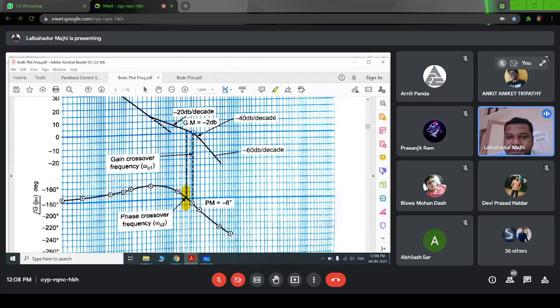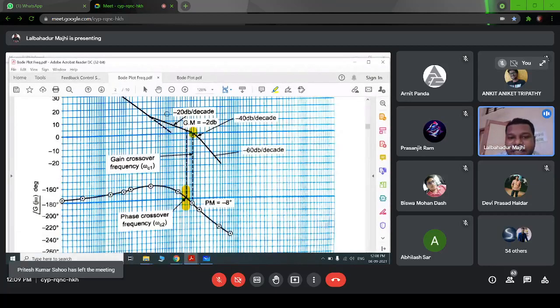Similarly, the gain crossover frequency is where the magnitude plot intersects the 0 dB axis. Here the phase crossover frequency is less than the gain crossover frequency, which means our system will be unstable.